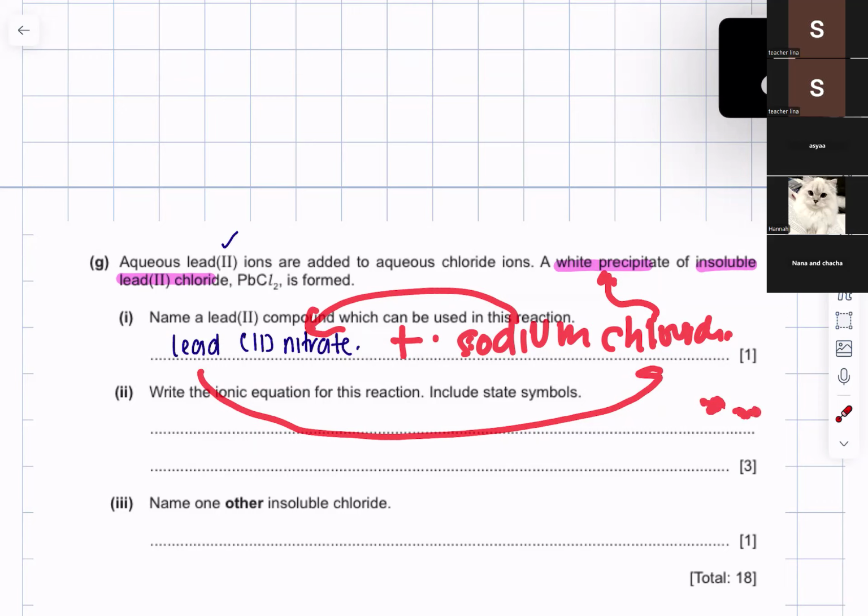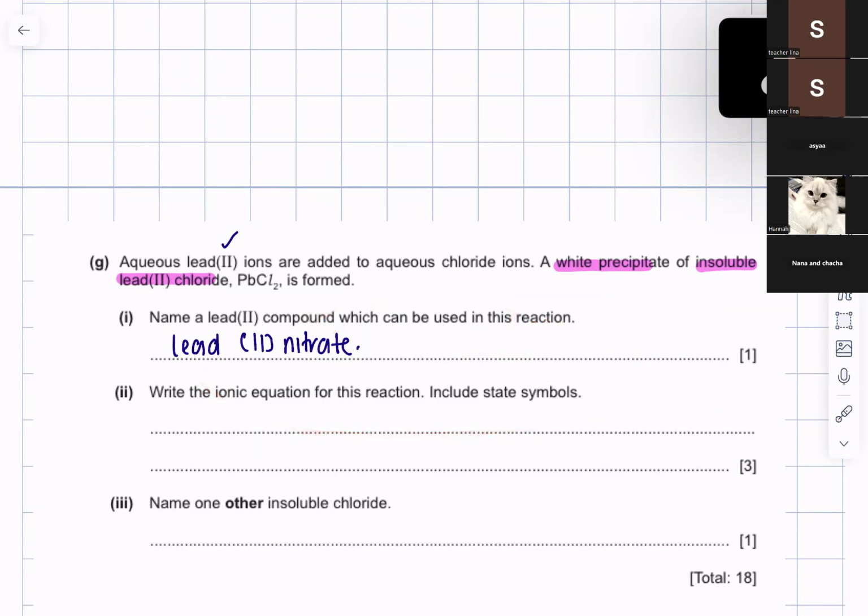Yes. Okay. So, write the ionic equation for this reaction. Ionic, so you just take the insoluble salt, PbCl2. Include the state symbols, so 3 marks. This one state symbol solid, s, solid. Okay, s, solid.